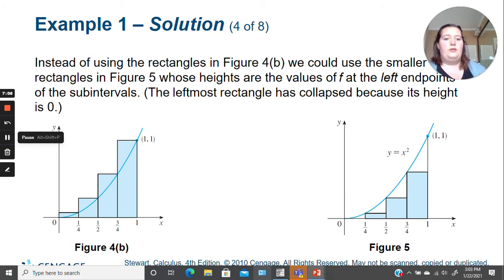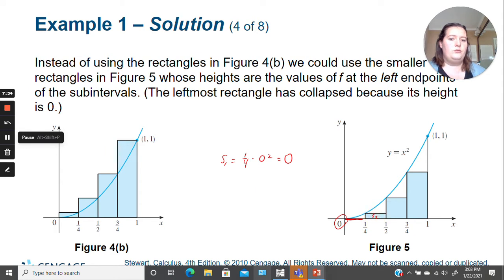So now what we could do is, instead of looking at those right endpoints, what happens if we look at those left endpoints? So instead of the right, let's look at the left. If I look at my first little interval here, the width of that is still 1/4. But now for the height, I'm going to use the left-hand endpoint. The left hand was 0, so I plug that into my function and I get 0.